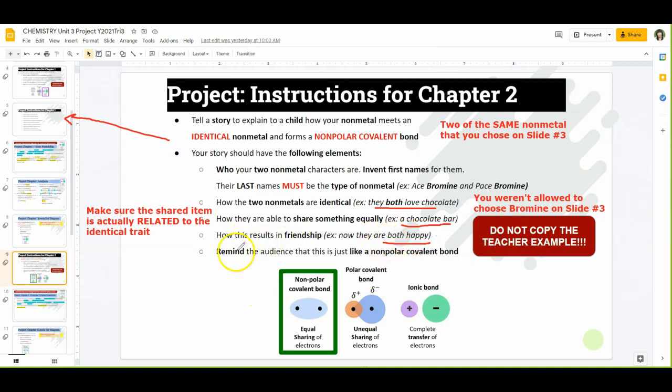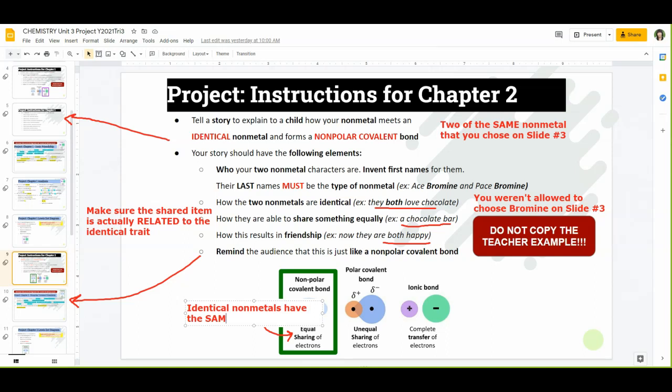Remind the audience that this is just like a nonpolar covalent bond. You will end the story here on slide number 10, explaining how a nonpolar covalent bond works. Remember that when we talk about nonpolar covalent bonds, electrons are shared equally. They both have equal electronegativities because they're identical atoms, specifically identical nonmetals.